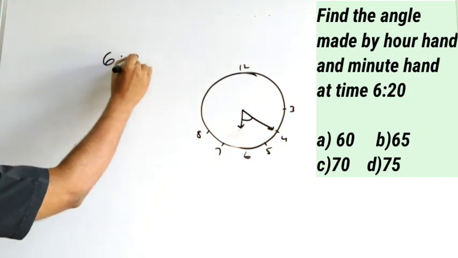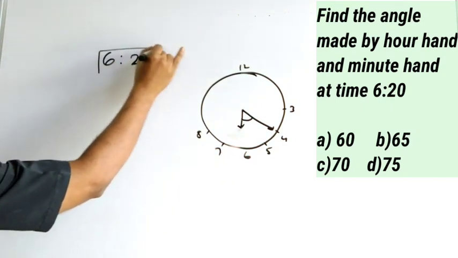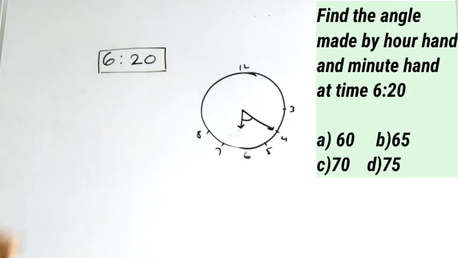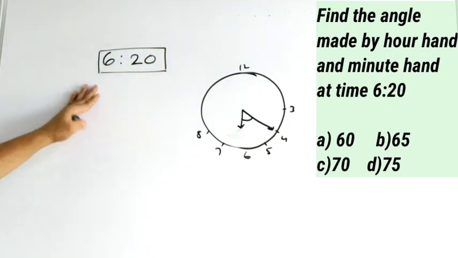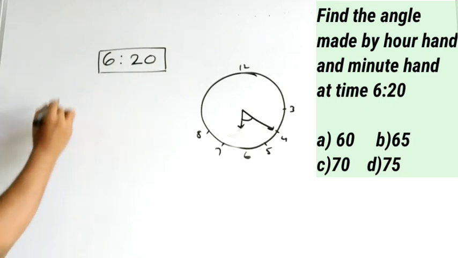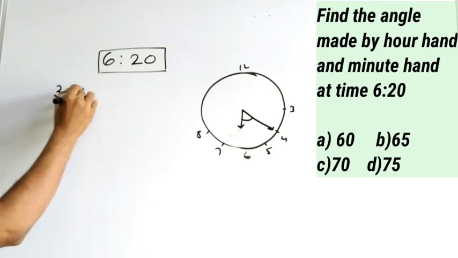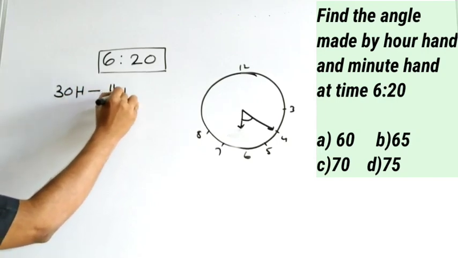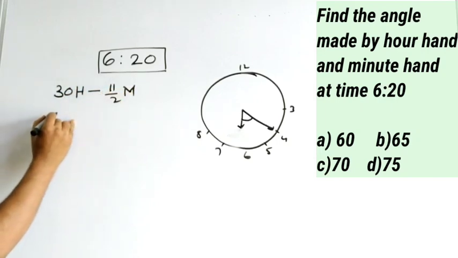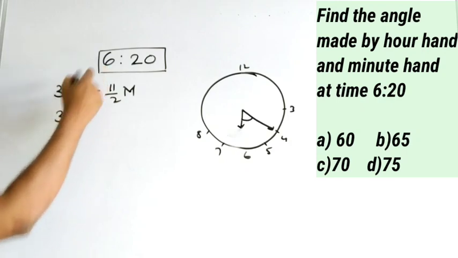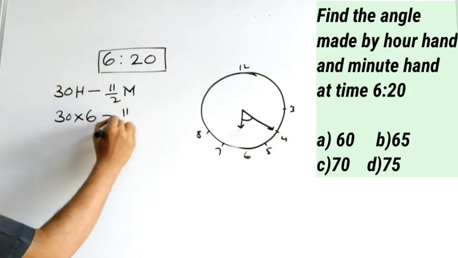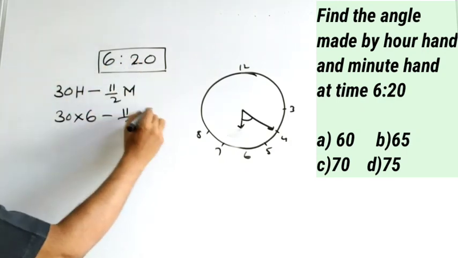Here the time is 6:20. I told you we can use either the formula method or the concept building exercise. The formula method is 30h minus 11 by 2 m. So put the values: 30 into h, h is 6, minus 11 by 2 into m, m is 20.